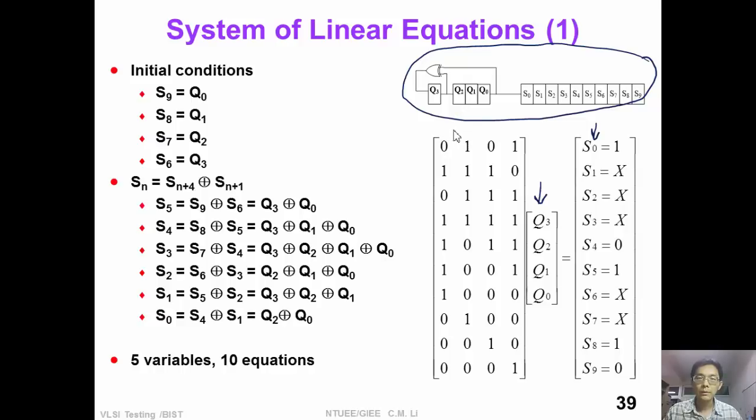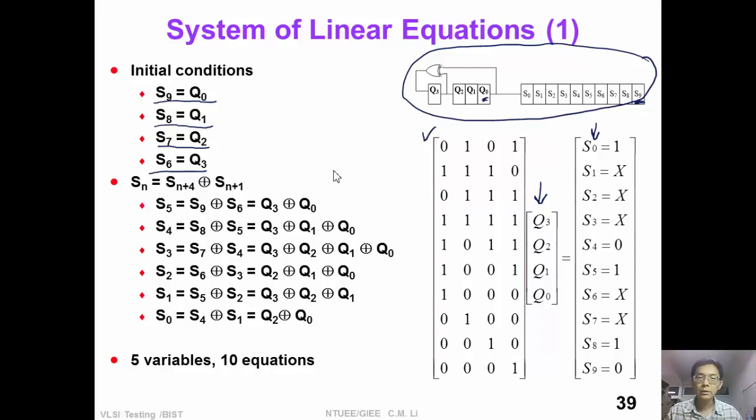On the left hand side, we have a matrix that represents the system of linear equations. Starting from time 0, we know that q0 is shifted all the way to the bottom of the scan chain. So S9 must be equal to q0, S8 must be equal to q1, S7 is equal to q2, and S6 is equal to q3.